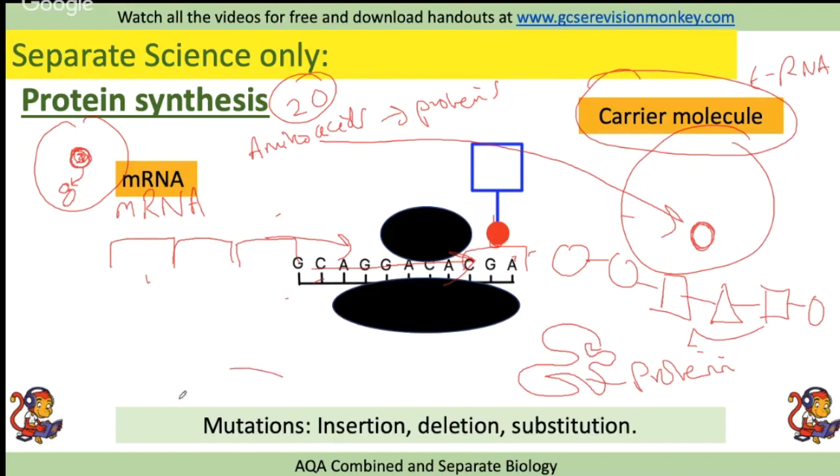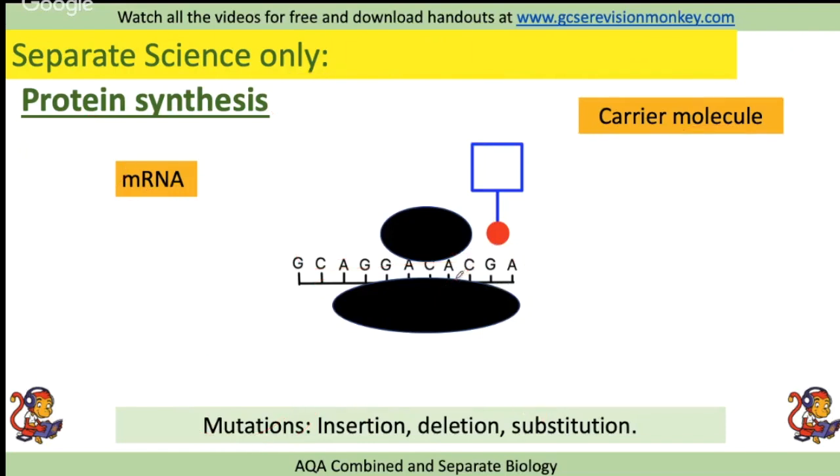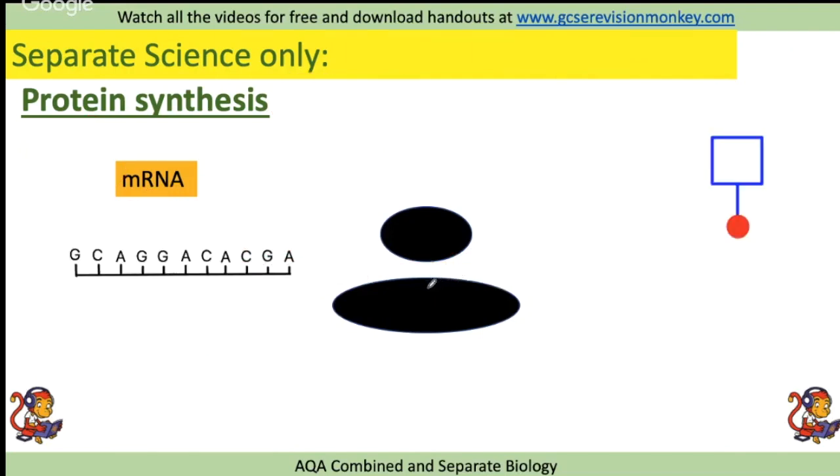Now, moving on to mutations in DNA, there's three different types that you can have: an insertion mutation, a deletion, or a substitution. Now, let's clear this off here, and let's have a look back at the molecule while it's over here. If we had a deletion mutation, that would mean that we would remove one of the bases.